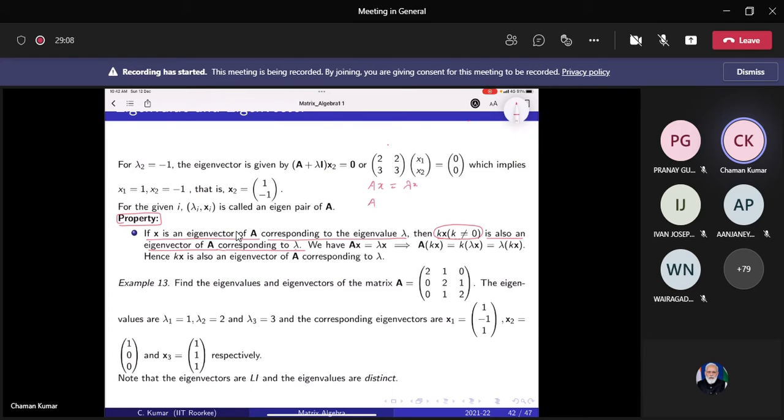So we start with A into Kx. K is not 0, so we can write this as K into Ax. And Ax, since x is the eigenvector corresponding to lambda, this is given to us. So Ax is equal to lambda x. So we use this relationship here. So we can write this as K into lambda x.